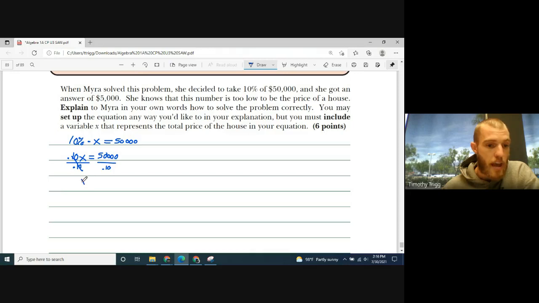That gives you that x, the value of the house, is 500,000. So that's how you would set it up. And so we would say that instead of doing 50,000 times 10%, it's actually 50,000 divided by the 10% in order to get the value of the house. So I want you to explain that down below.